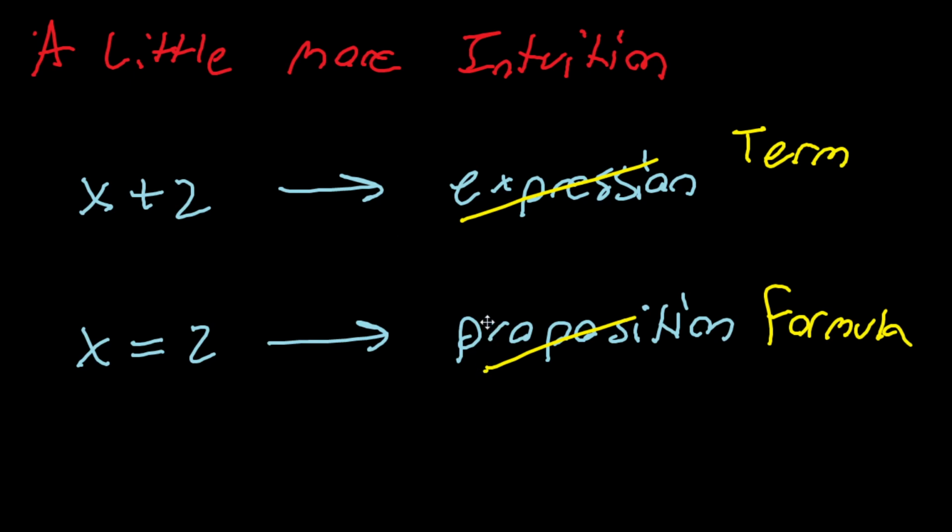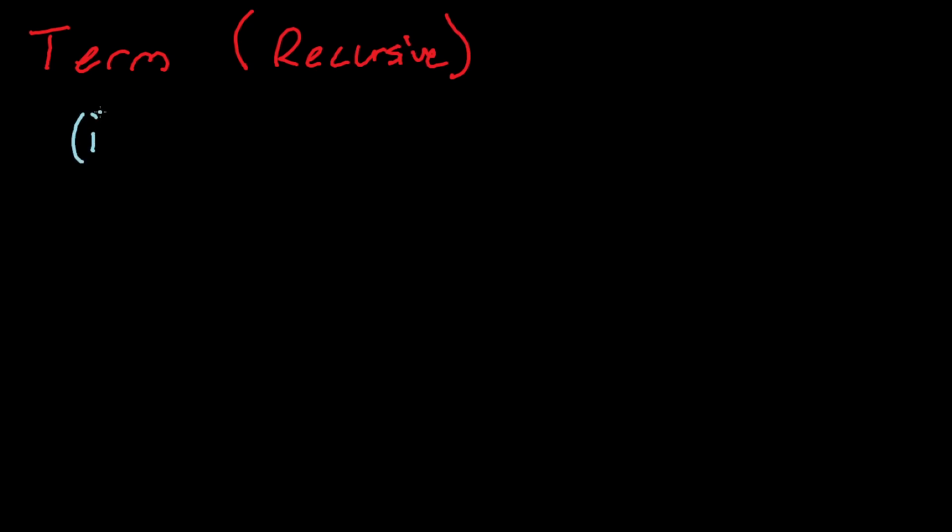And now finally, we will have a distinction between relations, functions, and constants in our definition of term. And this is actually, of course, recursive. So let's begin, and you've seen these recursive definitions a lot now.